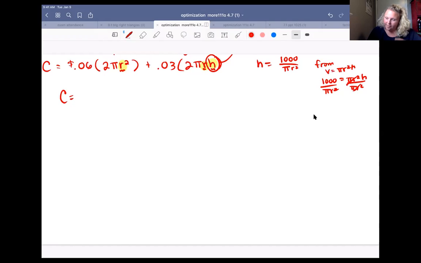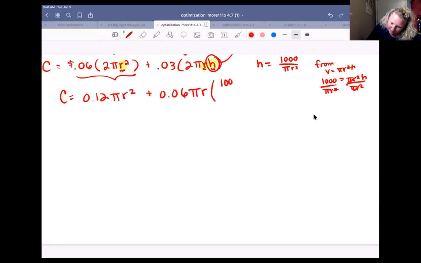So we're replacing it from that. It's multiplication: 0.06 times 2 times pi times r squared. This would be 0.12 pi r, I'm just combining, times 1,000 over pi r squared.